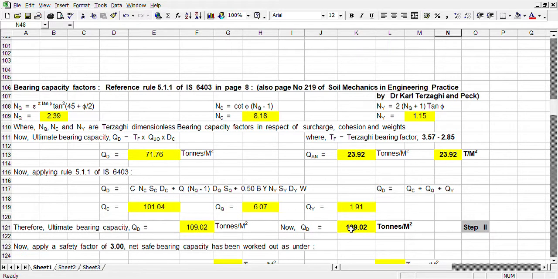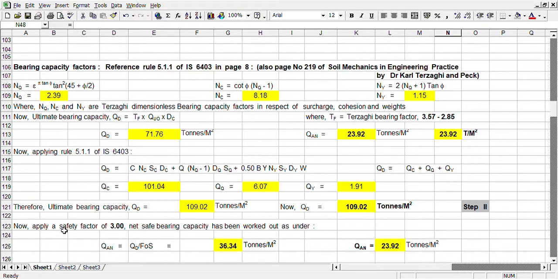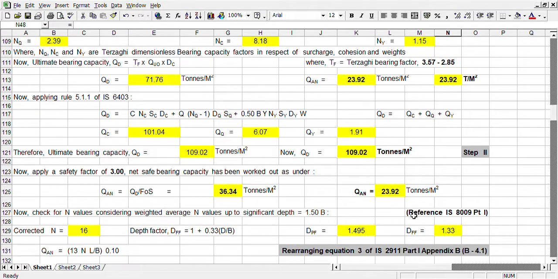Now, using a safety factor of 3, our safe bearing capacity is 36.34, whereas from compressive strength we have found it as 23.93. So we shall consider 23.92 as the safe bearing capacity up to this extent. Now let us check from the N value.